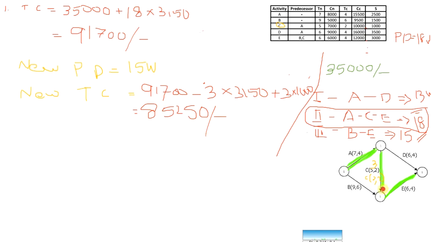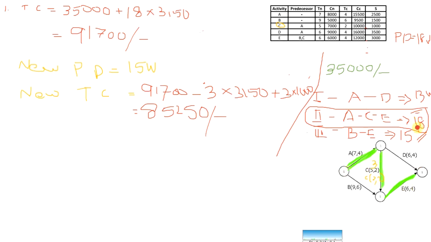Okay. Now when we look at this, we can see that the total duration of the path ACE is 7 plus 2, 9, plus 6, 15, isn't it?